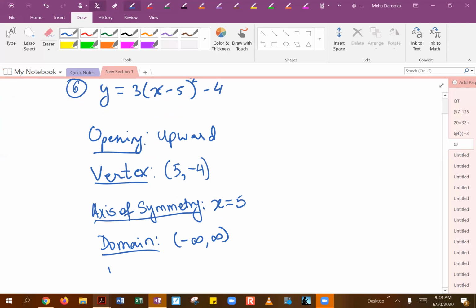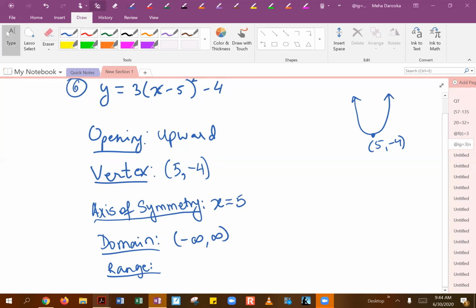What can you tell me about range? And if it helps, visualize your parabola. So this is our vertex at 5, -4. So what will be our range for this function? Very good, Meredith.